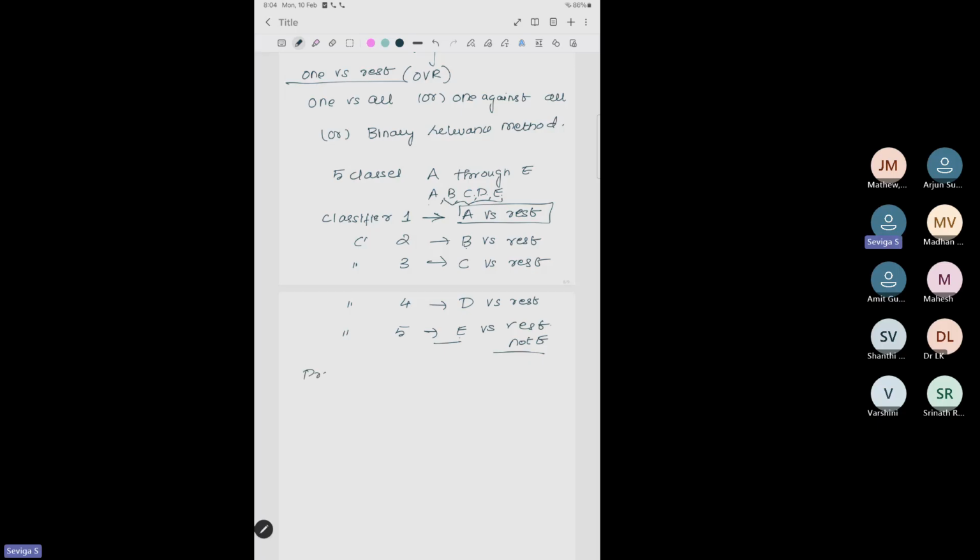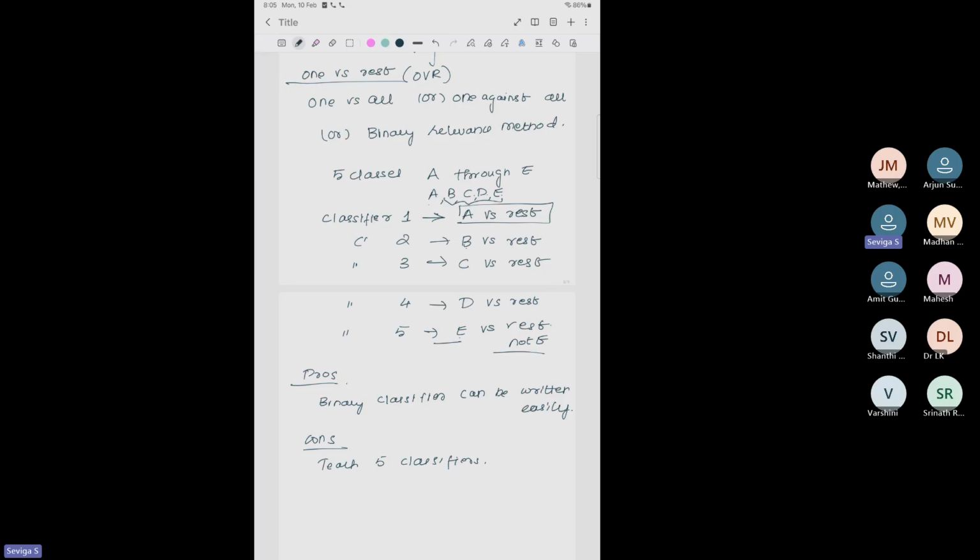The pro of this technique is that a binary classifier can be written very easily. But the con is that we need to train at least 5 classifiers for a 5 class problem. Instead of using one classifier to classify 5 classes, we are building 5 classifiers for this task.